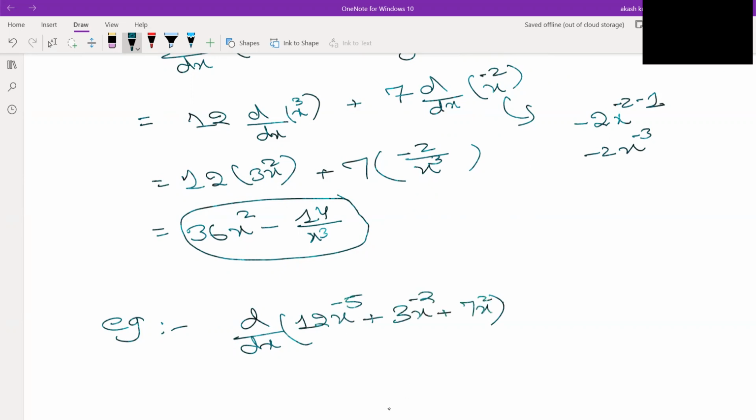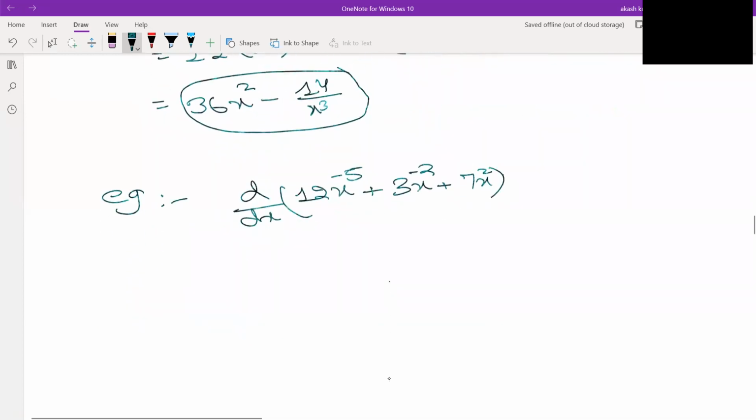Can it also be plus or minus in the function? Yes, there can be a minus sign as well. The rule for sum and subtraction will be the same. So can you please tell me what should I write?